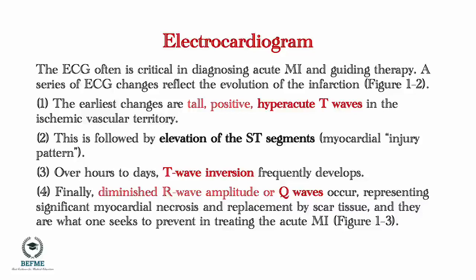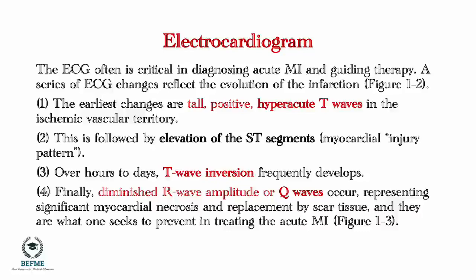This is followed by elevation of the ST segment, the myocardial injury pattern. 3. Over hours to days, T wave inversion frequently develops. 4. Finally, diminished R wave amplitude or Q waves occur, representing significant myocardial necrosis and replacement by scar tissue, and they are what one seeks to prevent in treating the acute MI.